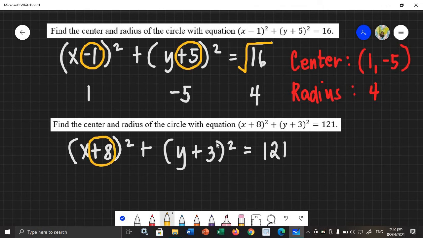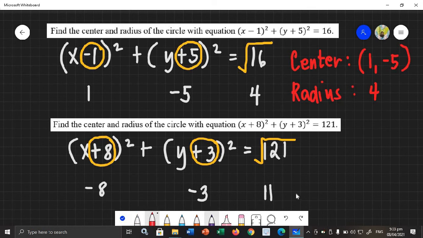Ito yung h, ito yung k, di ba? And get their reverse signs. So we have positive 8 here, so negative 8. And then we have positive 3, so negative 3. Then, kunin mo yung square root ni 121, which is your r, no? And that will be equal to 11.